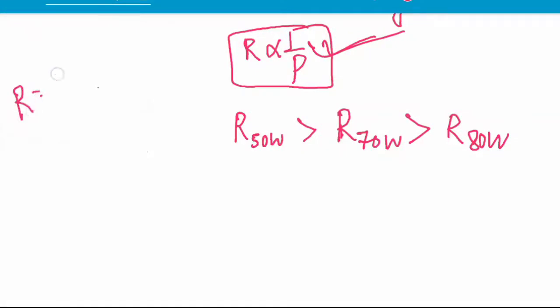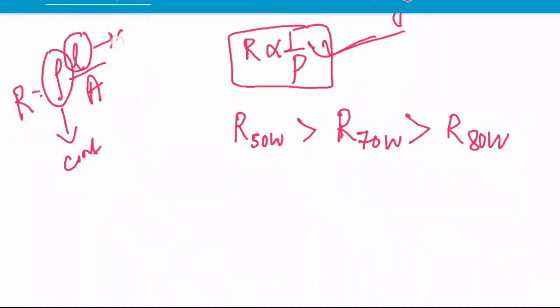And as we know, R is equal to rho L by A, and here the same material is used, so rho will be constant. Given length is constant, so R is inversely proportional to A, that is the area of the conductor or the thickness.